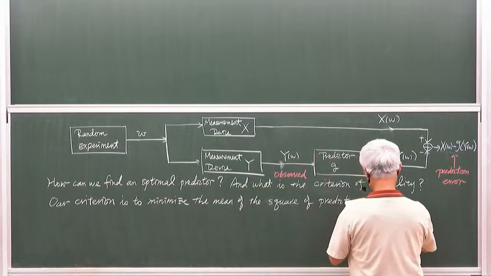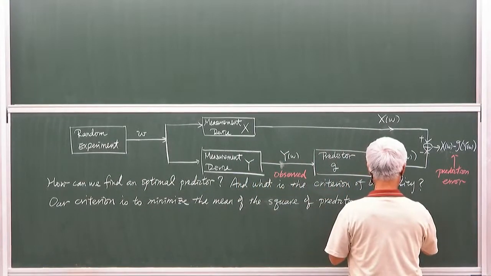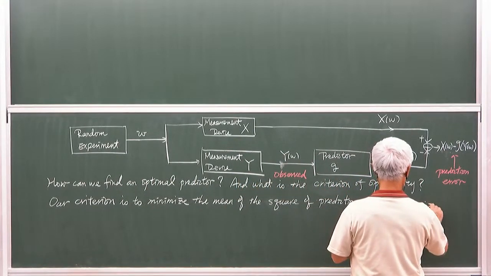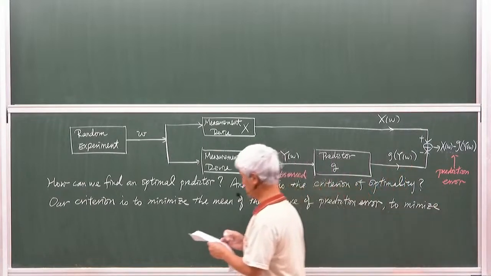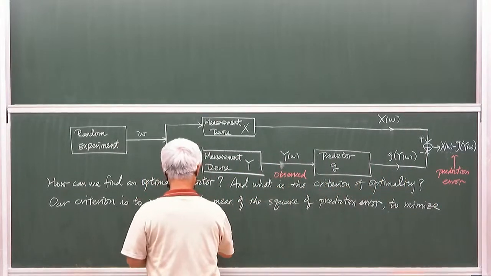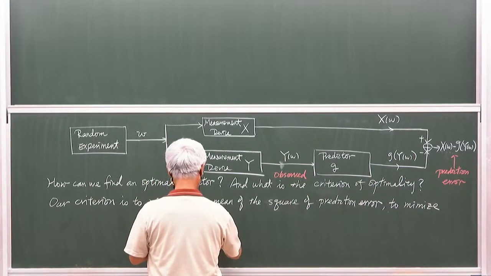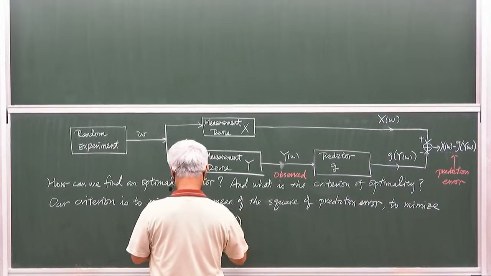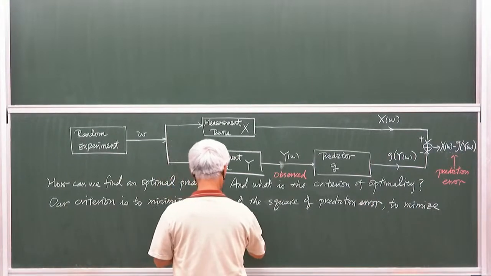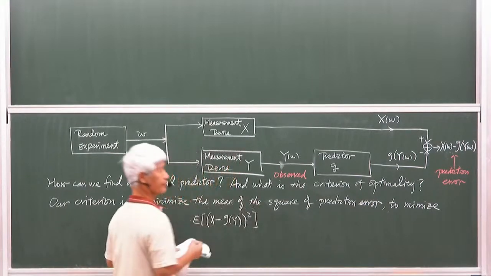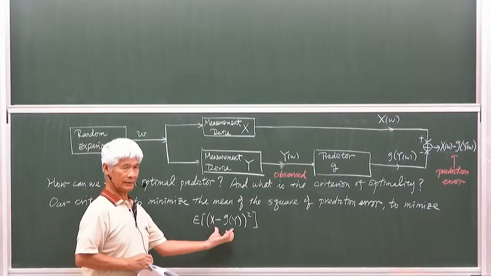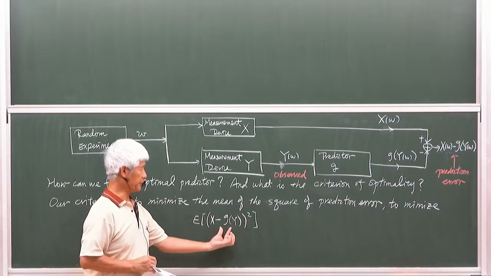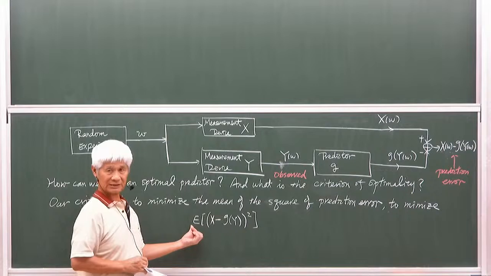So we want to minimize X minus G of Y. This is the prediction error, and we take the square of the prediction error and take the expectation.